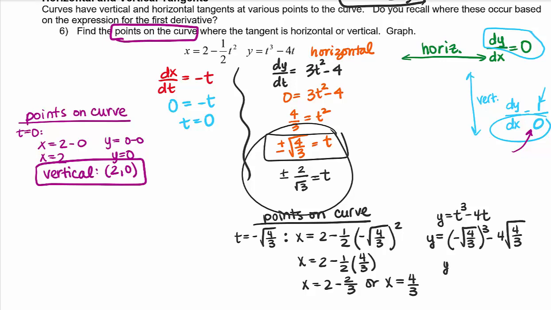If I cube it, this is a square root, so I'm going to end up with one whole one of these times its square root, and then minus 4 of these square roots. So I can combine like terms if you see it. They're both so many square roots of 4/3. So I have negative 4/3 and negative 12/3, so negative 16/3.